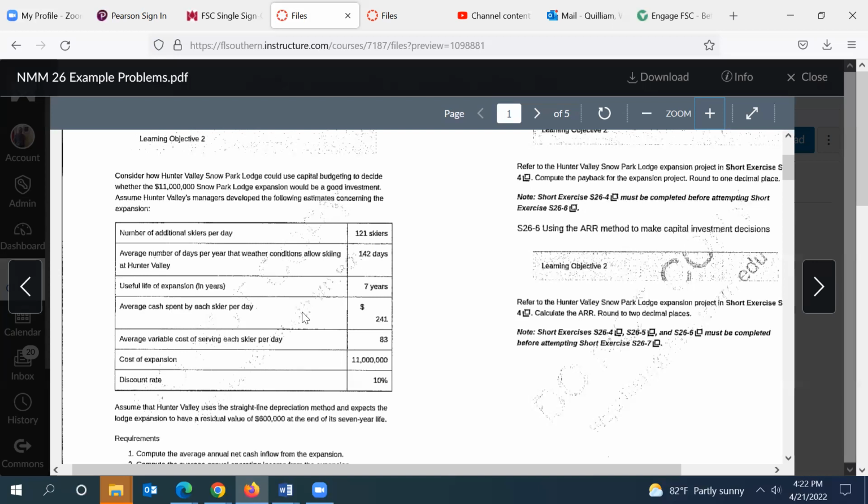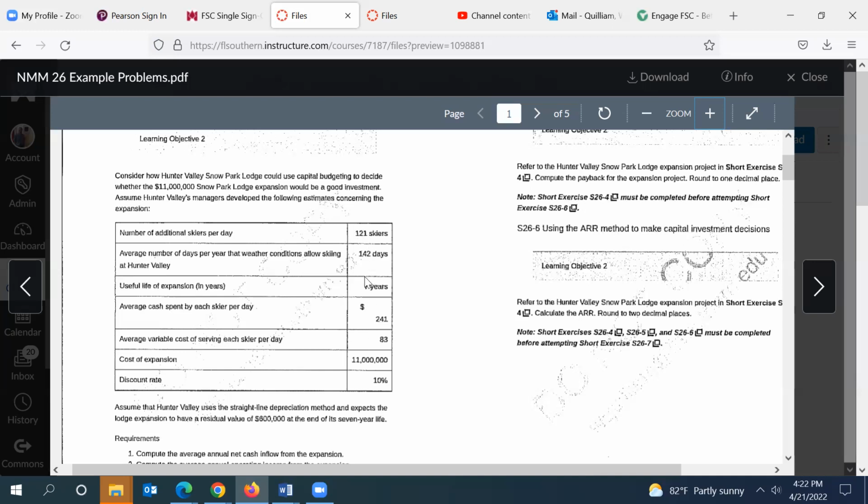Then to get the revenue, what we did the other day, we looked at the average cash spent per skier per day of $241, and we multiply by these first two numbers. To get the relevant costs, the costs will go up; those will be variable costs. The average variable cost of serving each skier per day is $83.